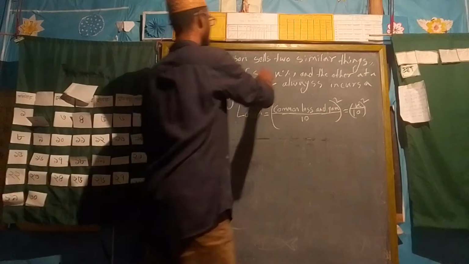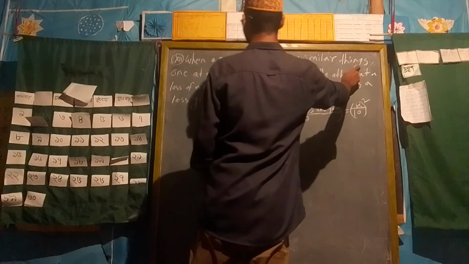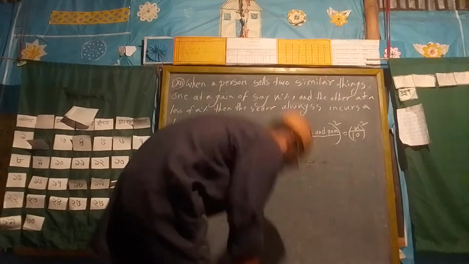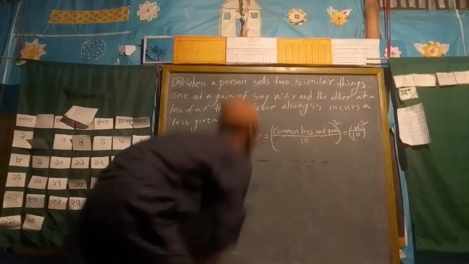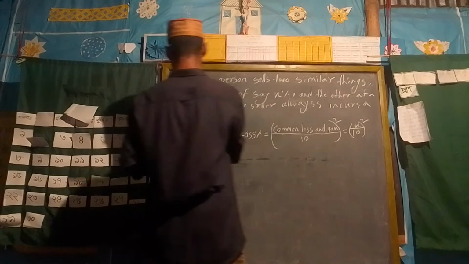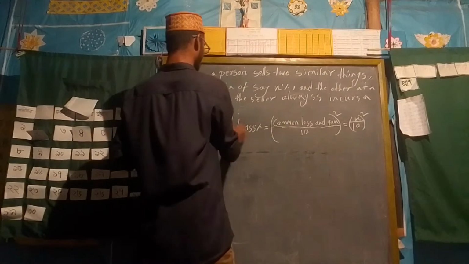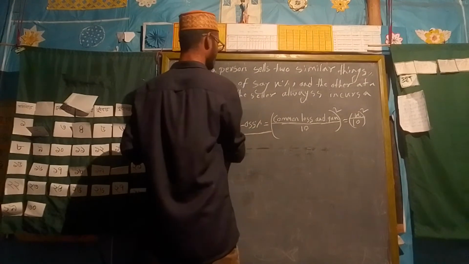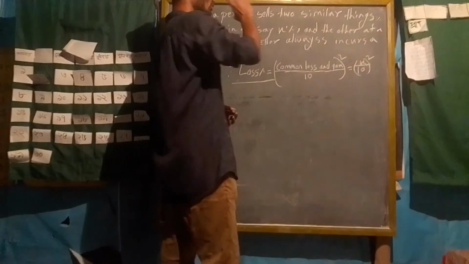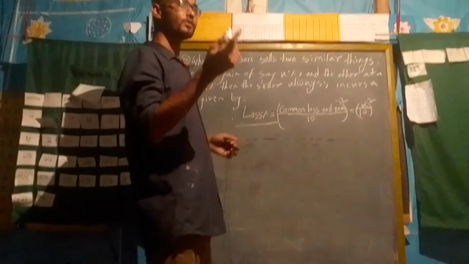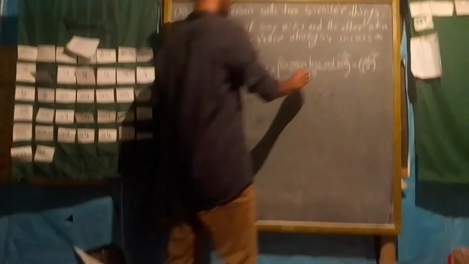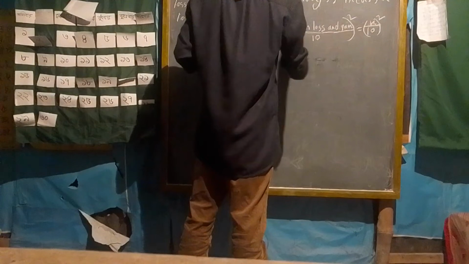When a person sells two similar items, one at a gain of, for example, X% and the other at a loss of X%, then the seller always incurs a loss given by this equation: the common loss or common gain, 2 times the common loss, divided by 10 whole square.